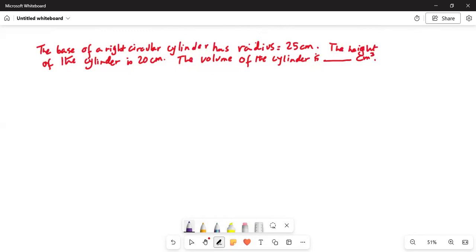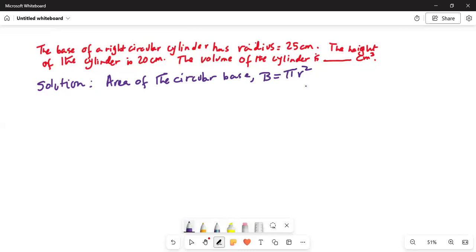So first we will find the base area. Solution: area of the circular base. Here we will use the formula, if we call it B, B is equal to, being a circle, pi r square.